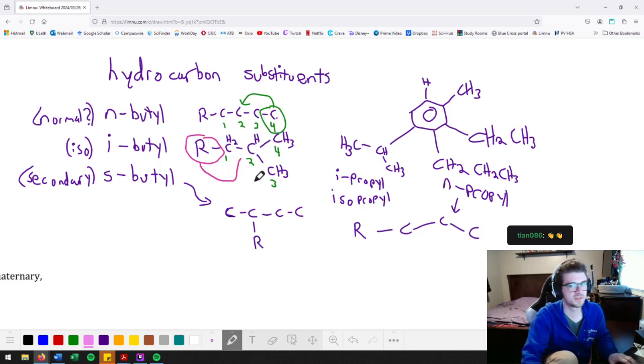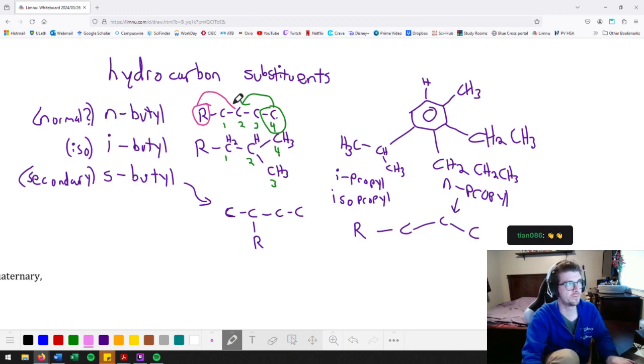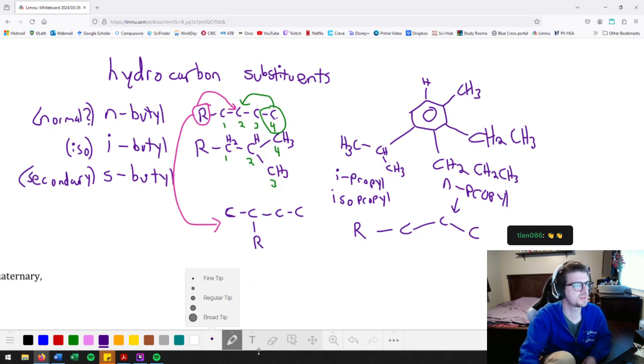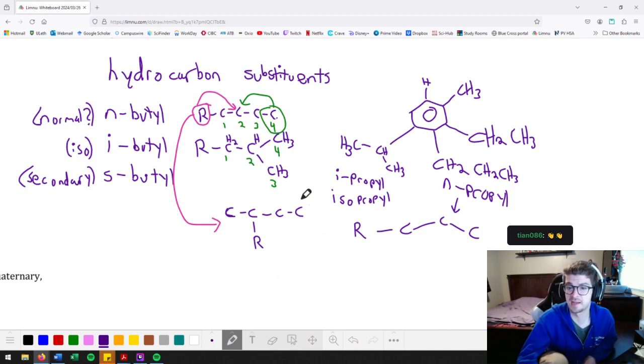This is a bad example because that's not what that one looks like. So, okay, take the R group and move that over to carbon 2 instead of moving all this stuff around. And that leads to this thing. I'm just trying to think if I have anything else to say about that. I kind of think I don't. That's just how you make a secondary butyl group.